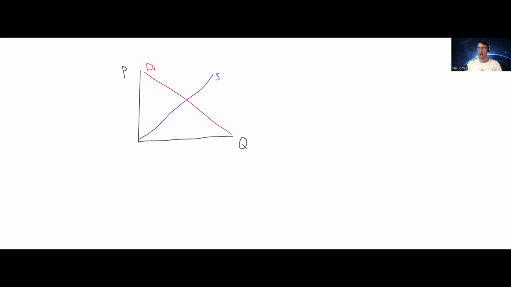So we'll see D1 go up here to D2. And that'll be an increase there, which ultimately comes to a higher price up here for the property.